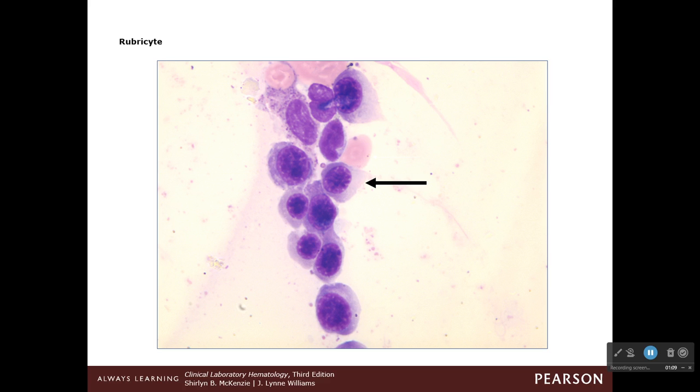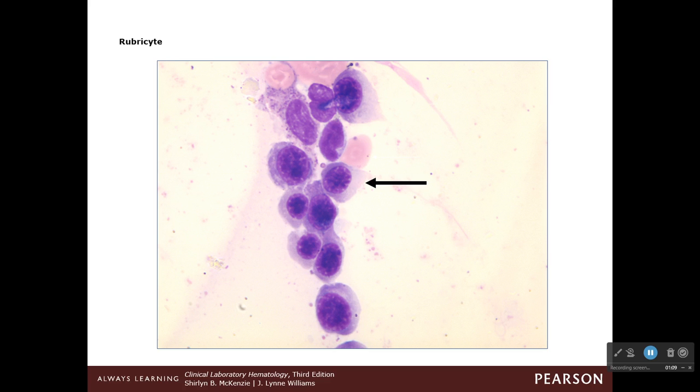See how this one does still have some blue in it, but by the time it gets here, it doesn't, and it's actually starting to turn a little pink, a little salmon color. Once it reaches this stage, it's produced about 80% of its hemoglobin. So it's getting that pink, the hemoglobin's picking up the stain at this point.